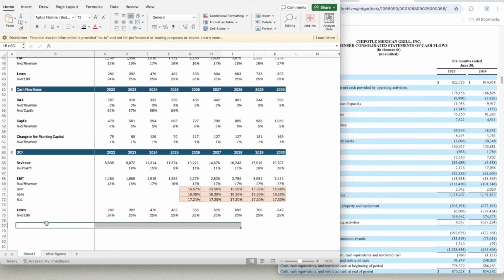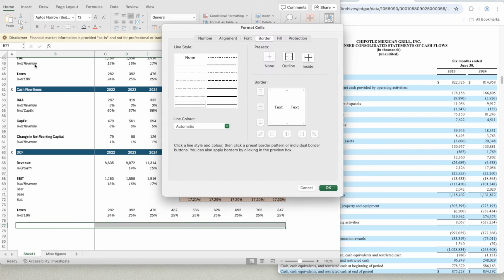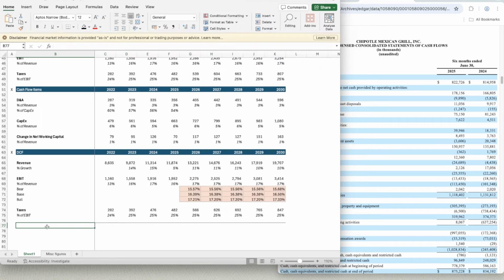Then next, we work out what the EBIT is, which is the earnings before interest, but after tax. And the way we do that is we take the EBIT, and we subtract the tax.